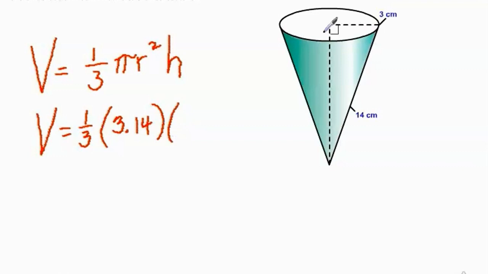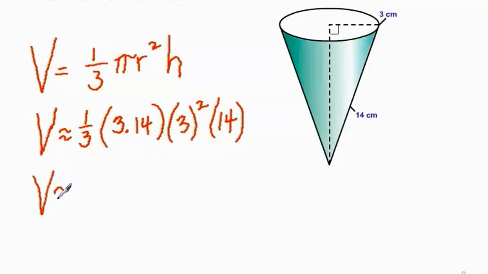For r, we'll use 3, and for h, we'll use 14. I'm going to go back and erase this equal sign, and in its place, I'm going to put this symbol, which means approximately equal to, because we're using an approximation for pi, the 3.14.